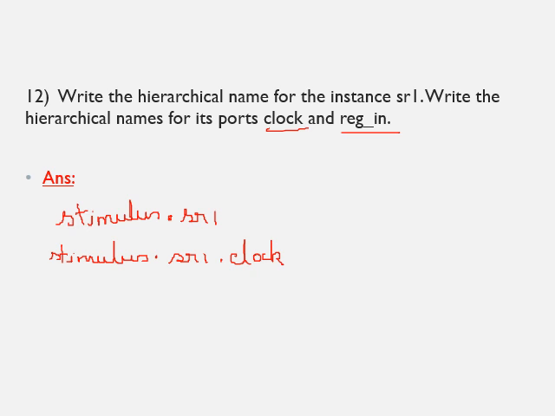That means the top level module is stimulus and the module containing this signal is SR1 and the name of the signal. Similarly, stimulus dot SR1 dot register underscore in is the hierarchical name for referring the register underscore in port. Thank you.